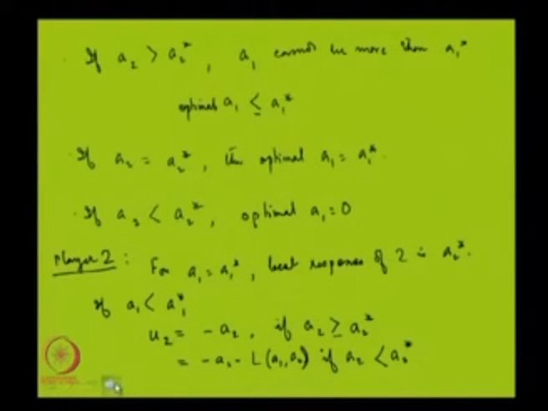Now, to show that, first let us again remember that at A1 star and A2 star, this function is going to be maximized.